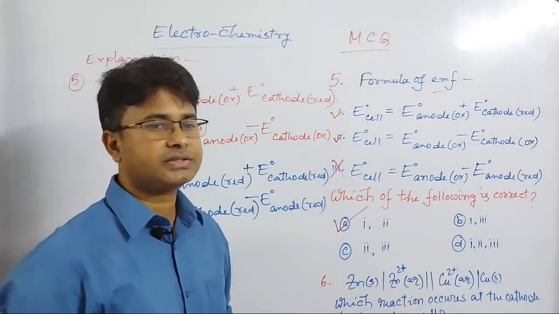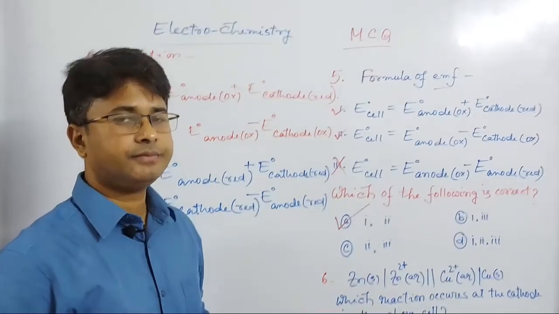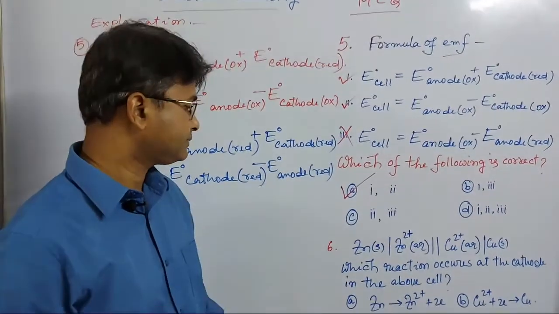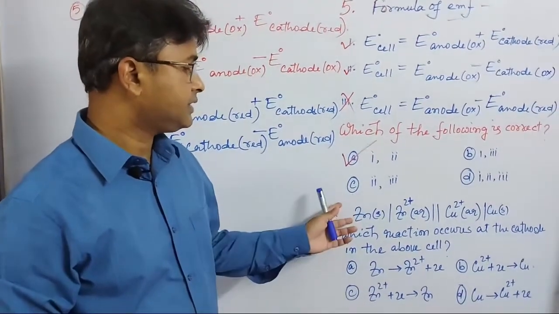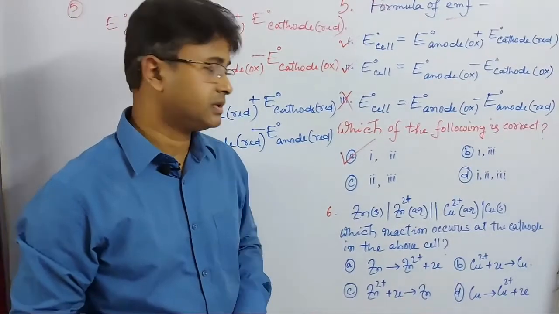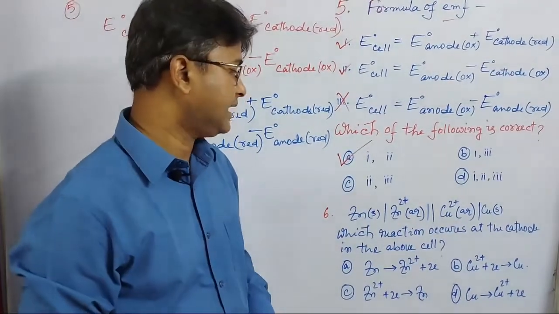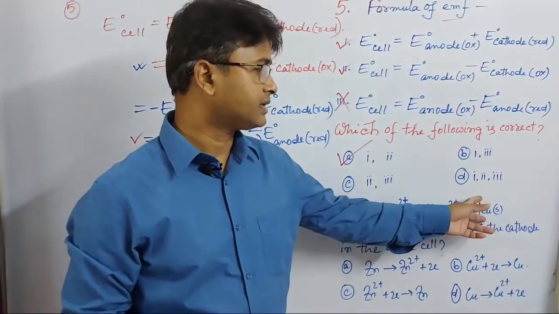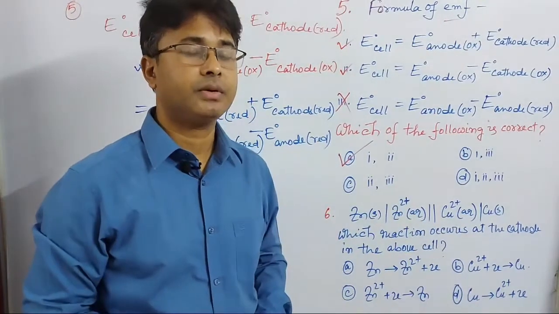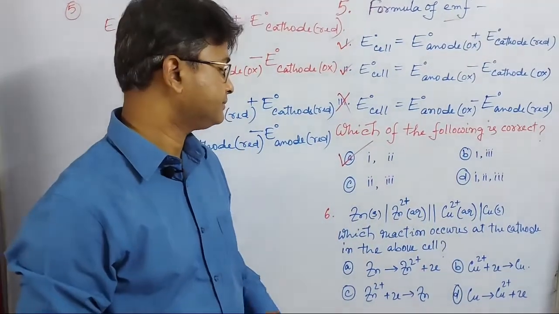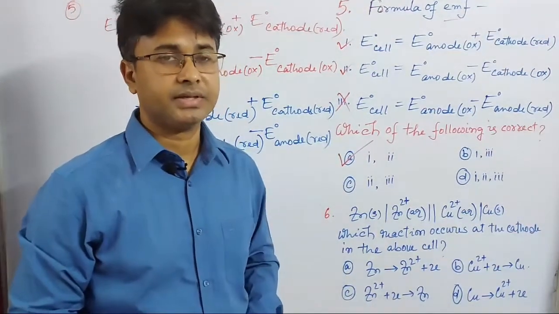Now dear students, look at question now 6. Here a cell is given: zinc solid is dipped in the aqueous solution of Zn2 plus ion, and a copper rod is dipped into the aqueous solution of copper 2 plus ion, and both of the half cells are connected by a salt bridge.